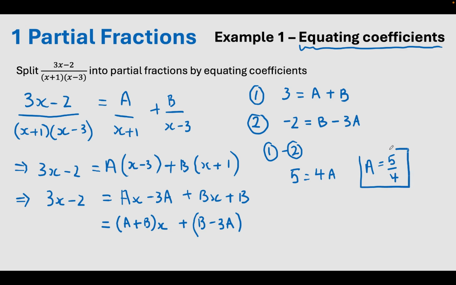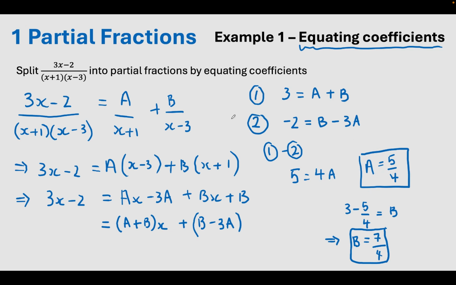Alright. Then I can just put this in here and I'll get a plus b. So I get 3 minus 5 over 4 is b, and therefore b would be 7 over 4. Okay. So, two different methods.